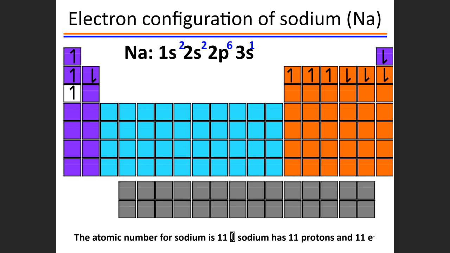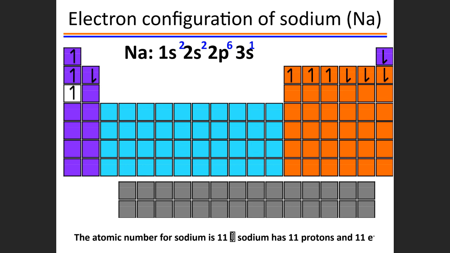Electron configuration of sodium. 1s2 here, 2s2 here, 2p6, 1 2 3 4 5 6, and we have one extra. See the extra one? This extra one is here.